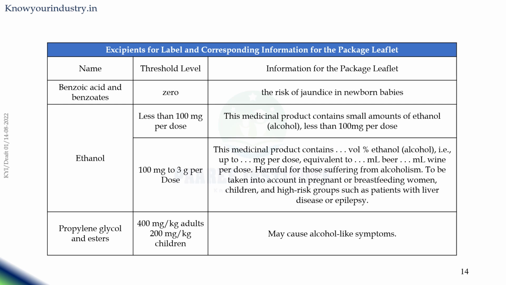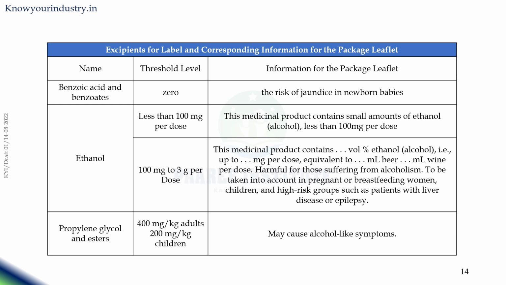Also, for ethanol and propylene glycol respectively, the labels should be defined. The medicinal product contains small amounts of ethanol, less than 100 mg per dose. Propylene glycol may cause alcohol-like symptoms.